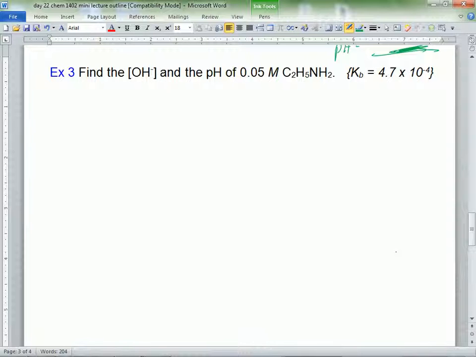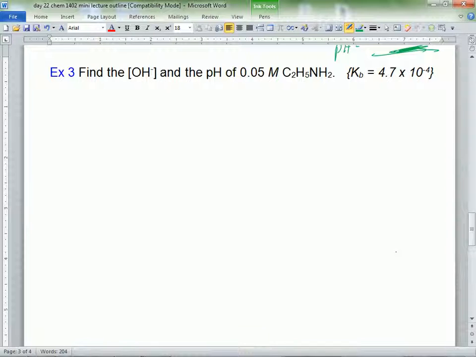Take this times that. Take this times? What are you doing? This over that equals this. No, so take this times 0.01. I got the X. Oh, you got the X. Okay. So this is what? The concentration of OH. So take the log of this. That's the pOH.